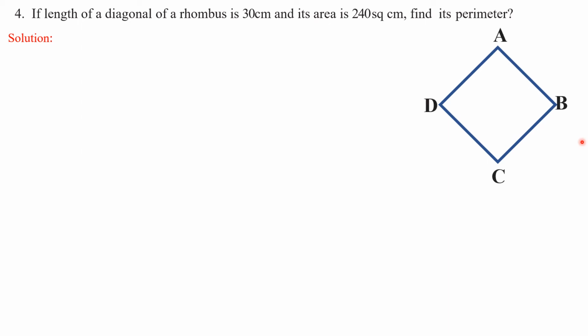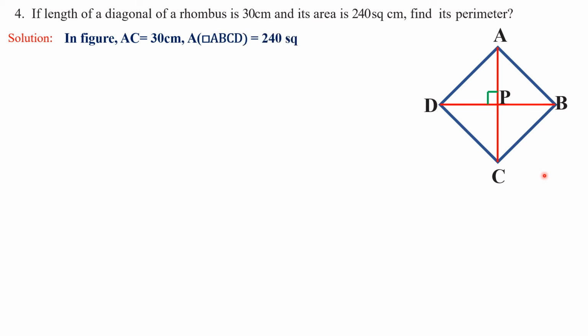Here we first draw the rhombus, draw the diagonals, intersecting at point P. The diagonals are perpendicular bisectors. So in the figure, AC is equal to 30 and area of quadrilateral ABCD is equal to 240 square centimeter. This is given.